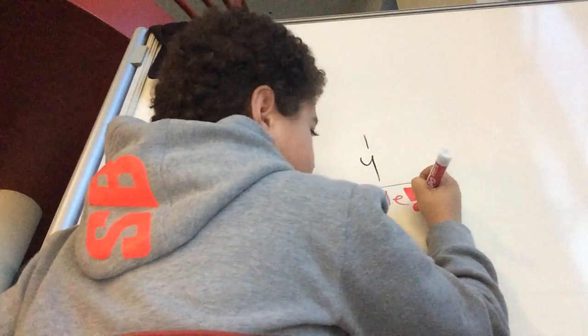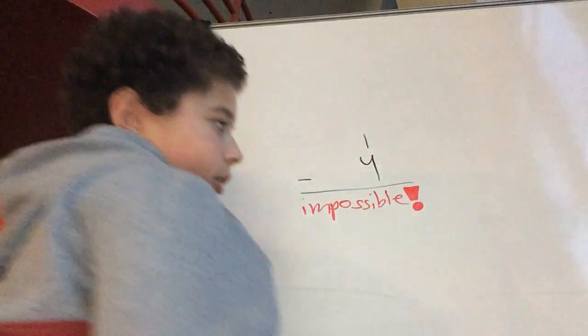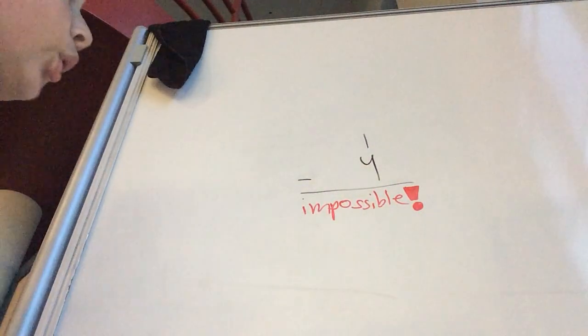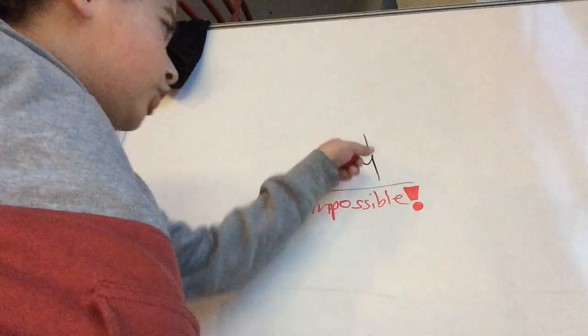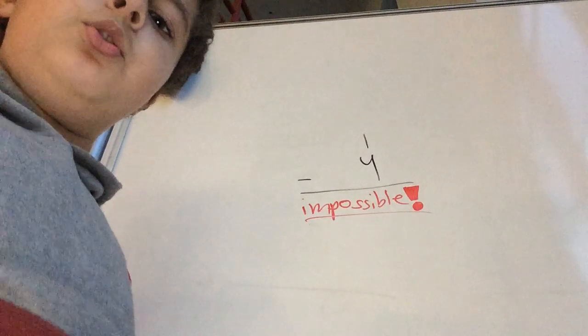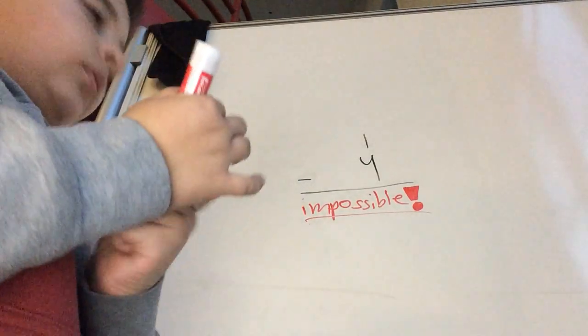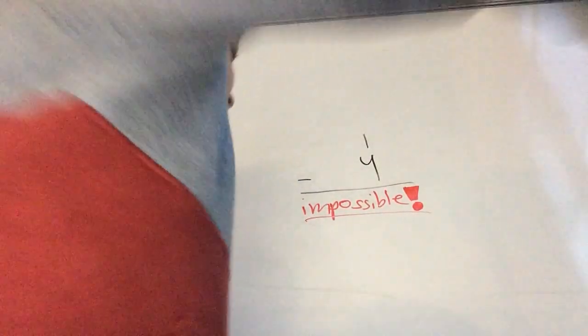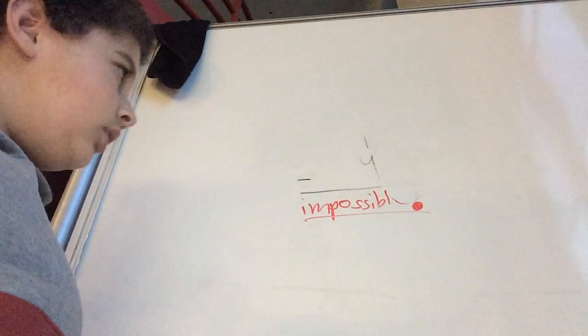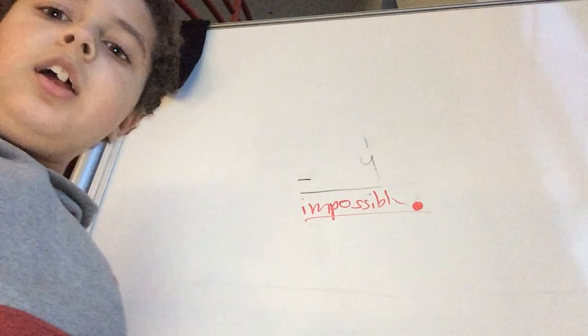5th grade, you could do this. I think it's 6 when you start this. But if you're in 4th grade, when you do this, the answer's impossible. You know why? This can never happen. You got that?